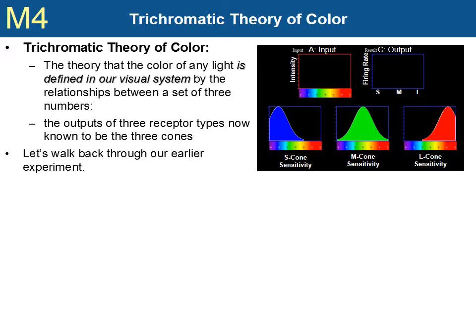To the right, we have box A, the input box, which represents the stimuli being presented. Rather than a single box B, we now have three boxes, showing the sensitivities of the S, M, and L cones. Box C is still the output box, but now it will show the output from each type of receptor. What we will focus on is the relative firing rates of the three receptors.